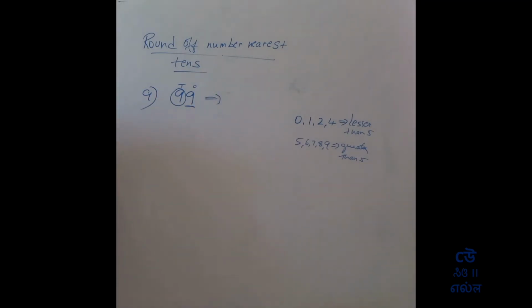We have to increase one number in the tens place. That is 9 plus 1 will be 10. So write 10. Then the ones place value will be 0. Okay. Got it, children? As 9 is greater than 5, we are increasing the tens place by one number. That is, 9 will become 10.